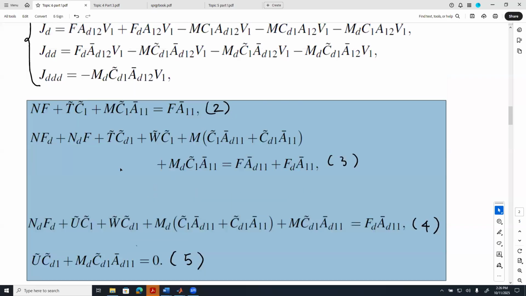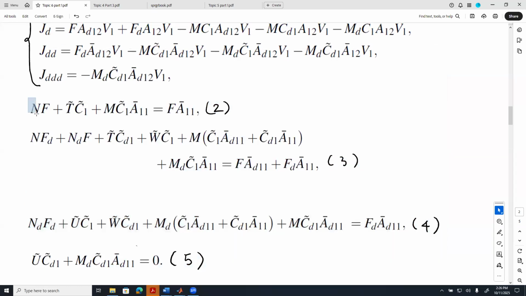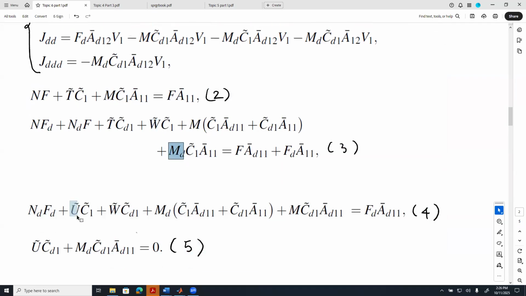When we examine these matrix equations, we have the same number of unknown matrices: D, T tilde, M, W tilde, MD, and U tilde. The right-hand side terms are from known matrices, associated with F and the time delay matrix A bar 11, and all of that.